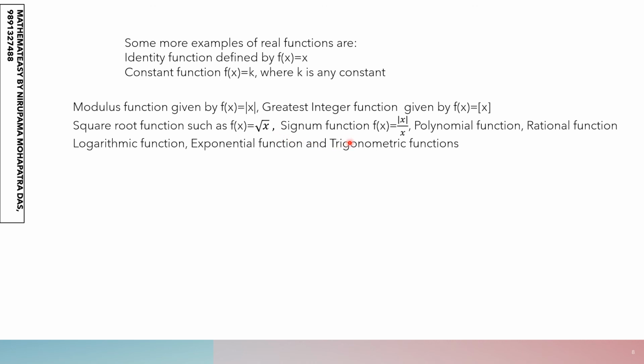Next, the signum function, f(x) equal to mod x by x. This is a general form of the signum function. Also we will be studying polynomial function, rational function, logarithmic function, exponential function and trigonometric functions. So these are the functions we will be covering in our syllabus.